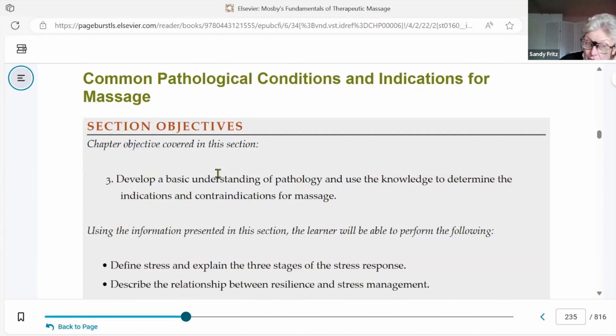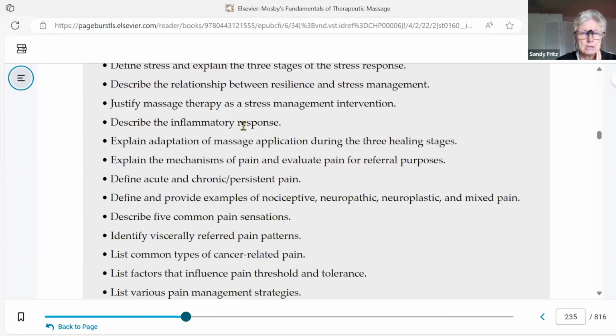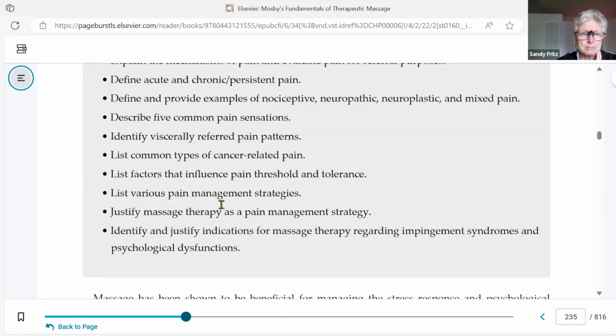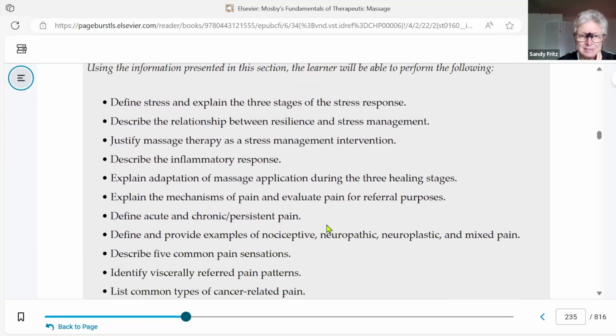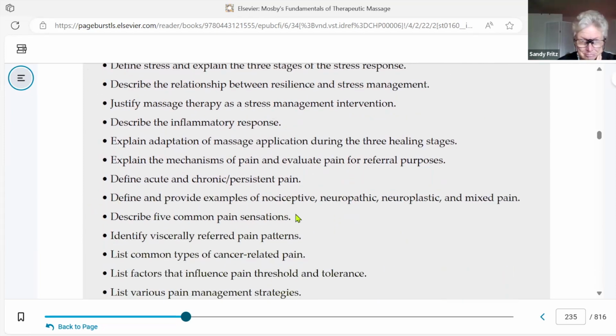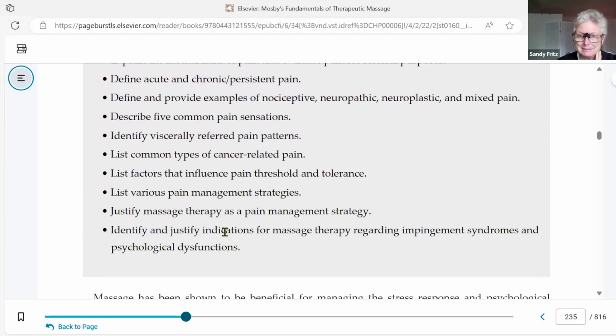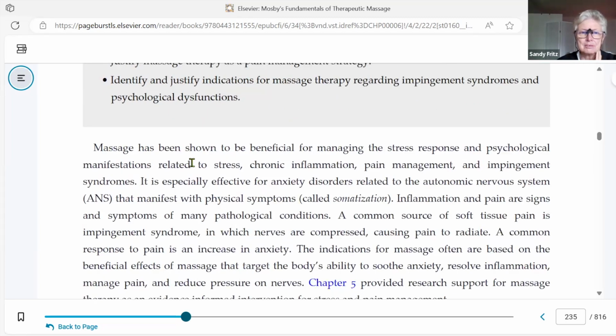The next section talks about common conditions that you're going to find. So pain is going to be a biggie here if you look at this. So stress, inflammation, pain. Those are the biggies in through here.